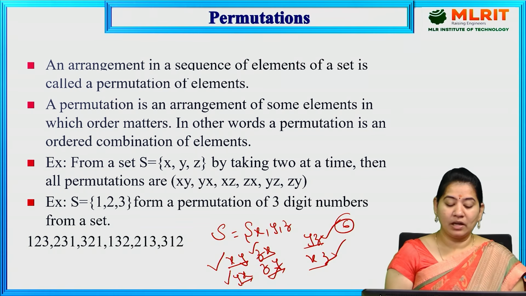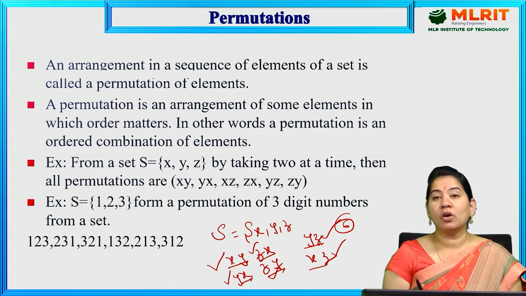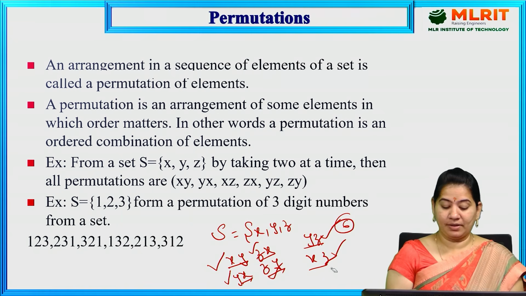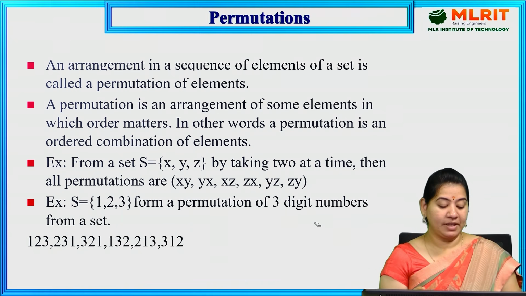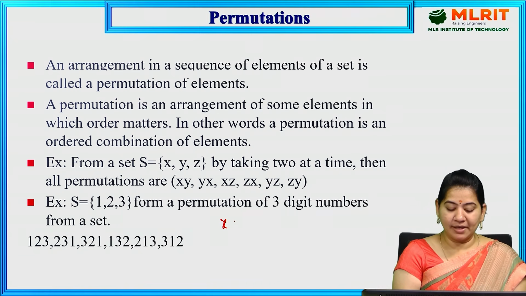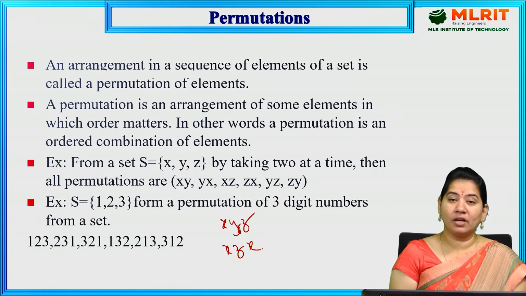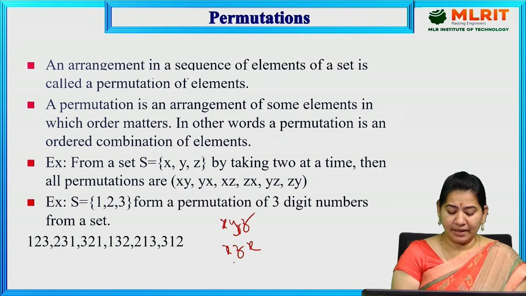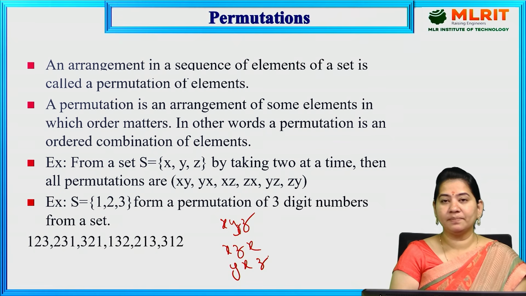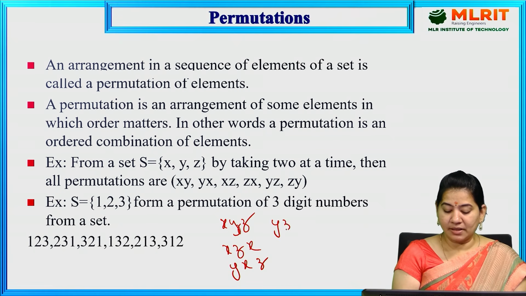Now the same question: S = {x, y, z}, now taking 3 at a time. How many possible arrangements do we have? The first order is x, y, z, and x, z, y is another order, y, x, z is another, and y, z, x is another.